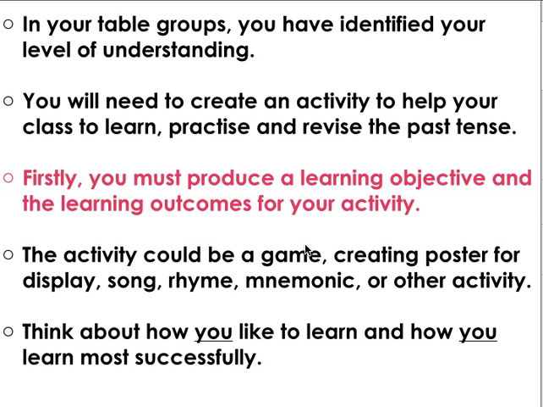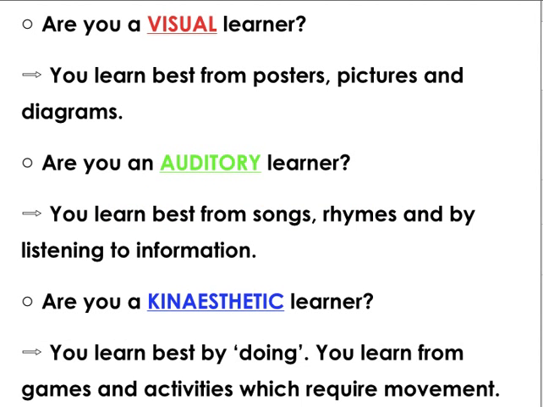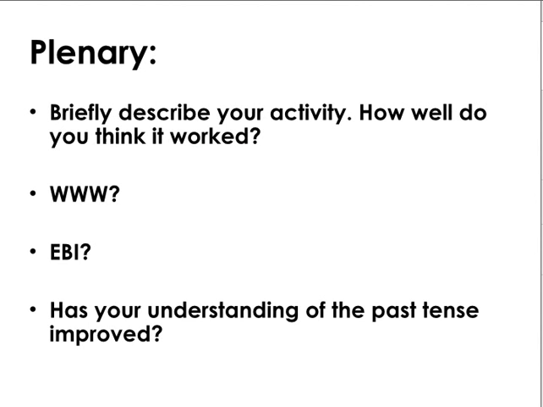The activity could be a game, creating a poster, display, song, rhyme, mnemonic, or other activity. Think about how you like to learn and how you learn successfully. So what type of learner are you? Visual, auditory, or kinesthetic? That kind of thing you need to consider. Okay, that's it, finished.